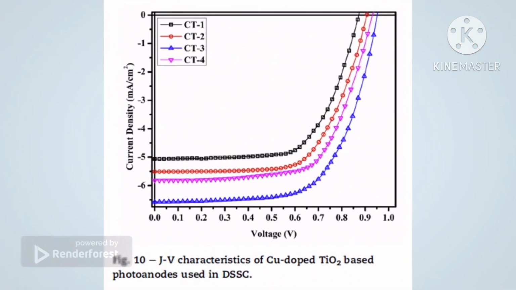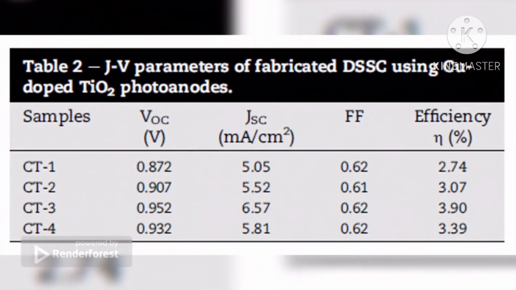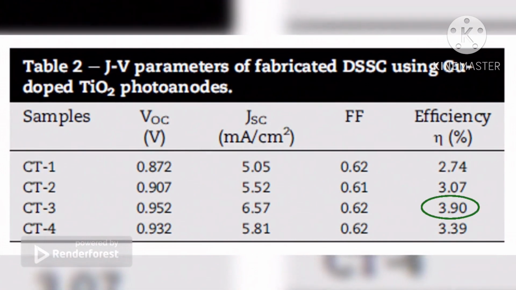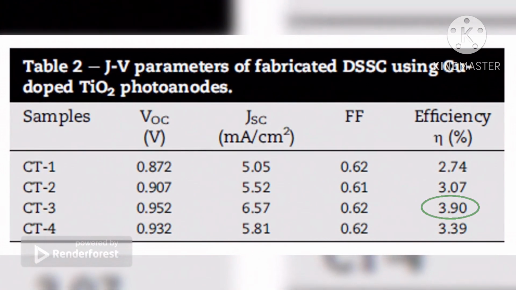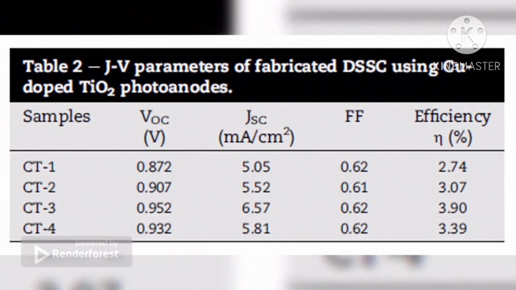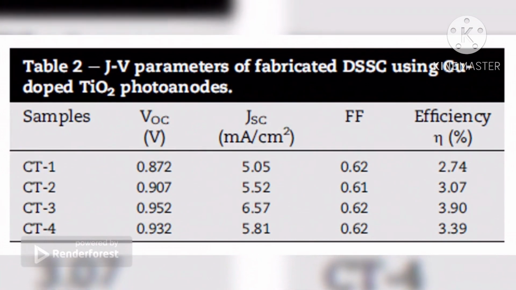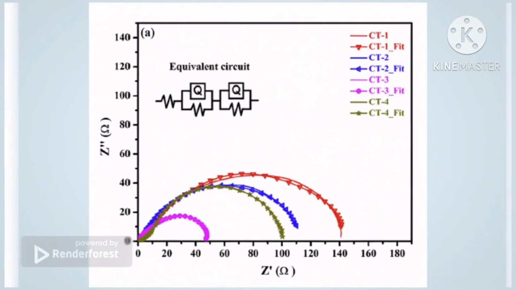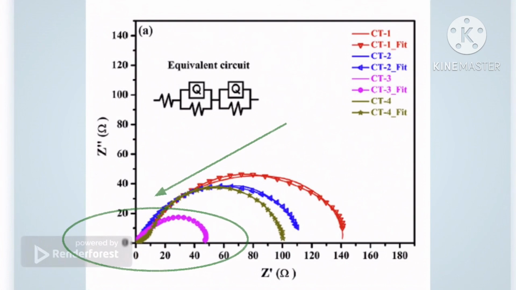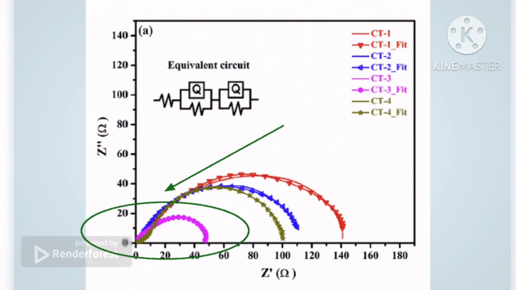We can calculate photoconversion efficiency from J-V characterization, and from J-V the obtained DSSC efficiency was found to be 3.9% for sample CT3. From this, we can see that sample CT3 has the least impedance.